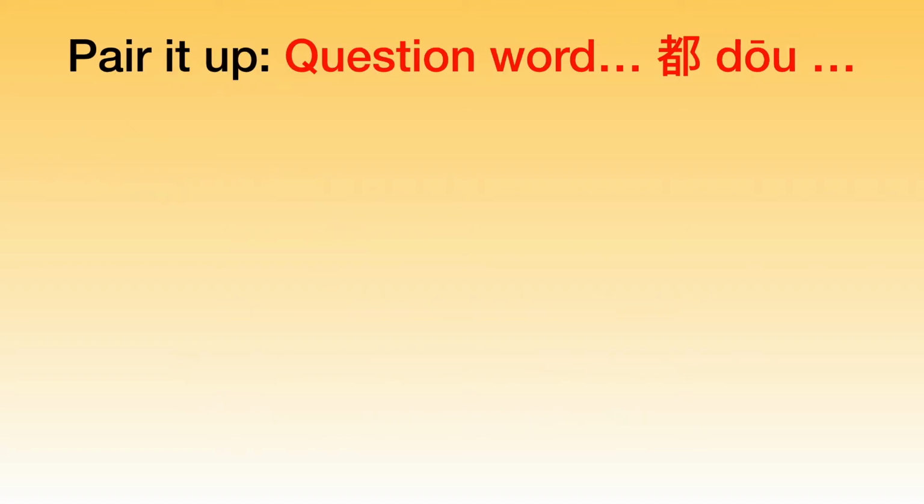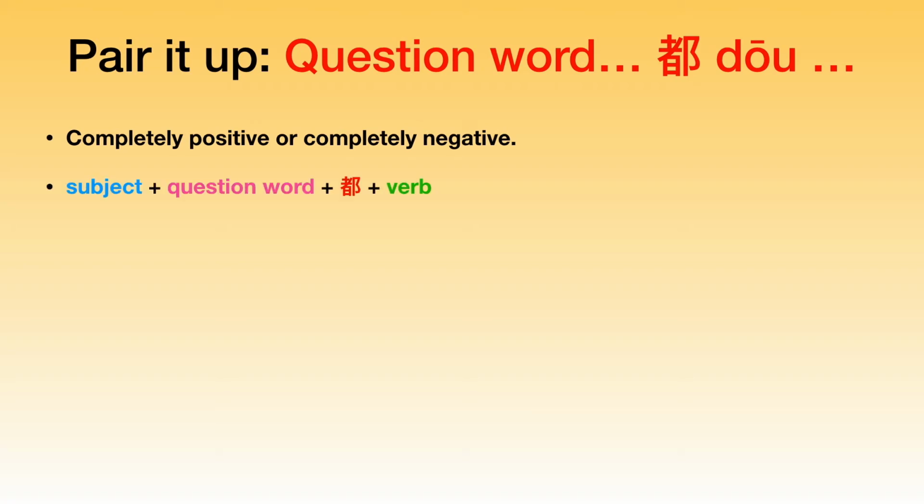Okay? So next one is question word with 都. What does that mean? It is to completely be positive about something or completely be negative about something. The construction is subject, question word, 都, and verb. For example, let's make a very simple sentence. 他什么都吃.